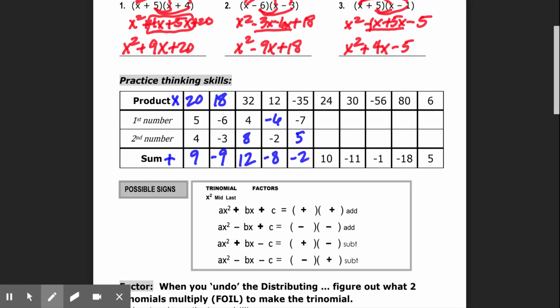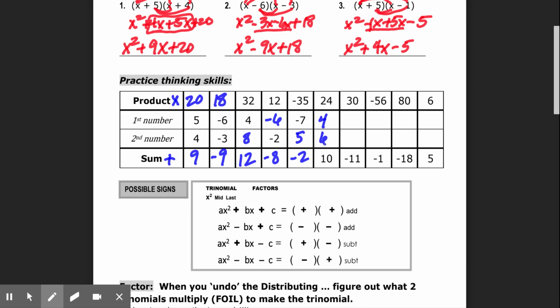Now for the rest of these, none of the numbers are given except for the sum and the product. So you have to think, what two numbers add up to 10, but also multiply to give you 24? Off the top of my head, I automatically realize it's 4 and 6, because 4 times 6 is 24 and 4 plus 6 is 10.